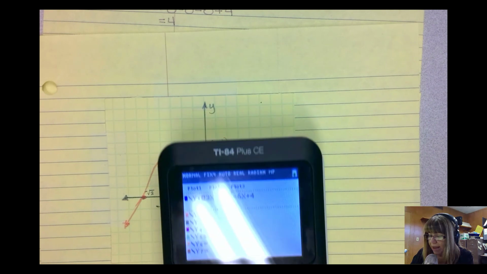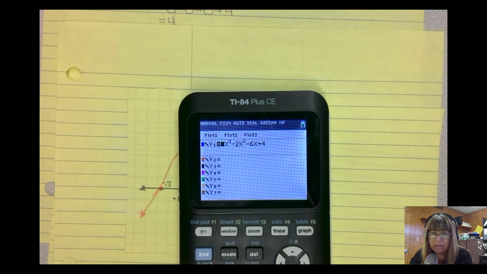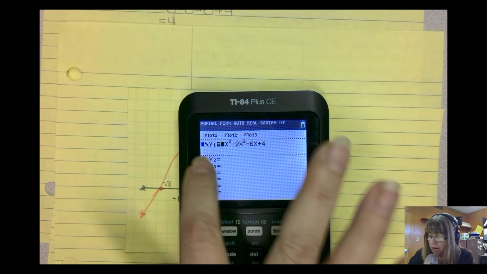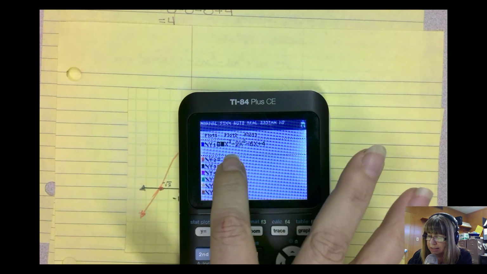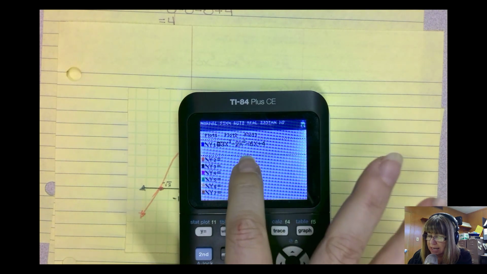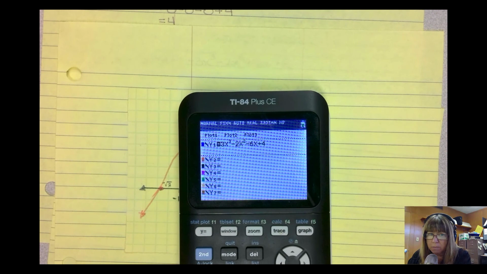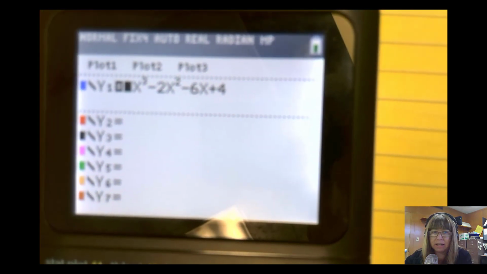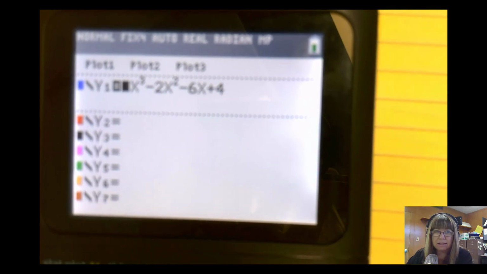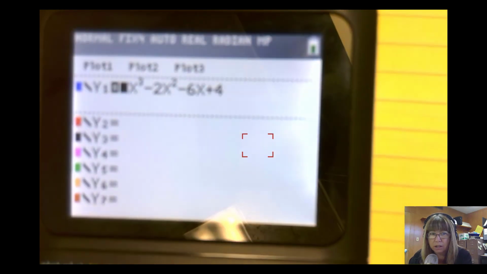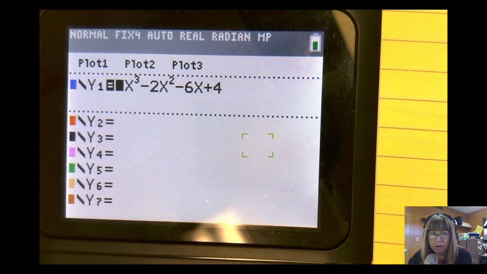All right, so I have plugged into my graphing calculator the function 3x cubed minus 2x squared minus 6x plus 4. I've also manipulated my window just slightly. Let's see if I can get that focus so you can see a good shot of what it looks like on a calculator.